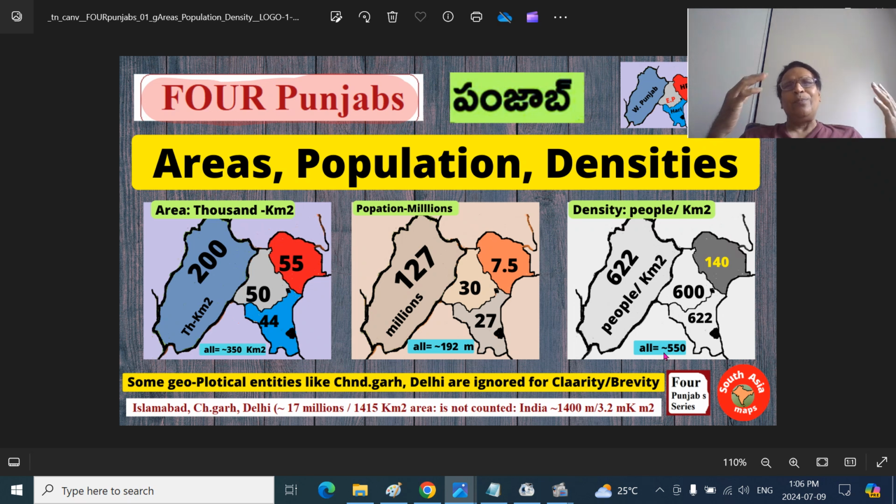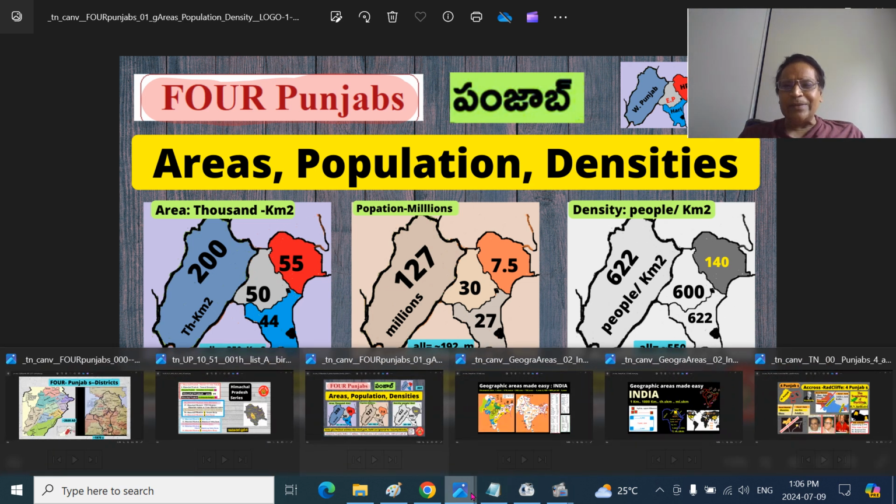If you make it about 1500 and 3, it should be 500. But actually it is a little less. As of 2024, the population density of post-partition Bharat is 444 people per square kilometer. You are pretty close. You have to comprehend these things very easily, Mitro.